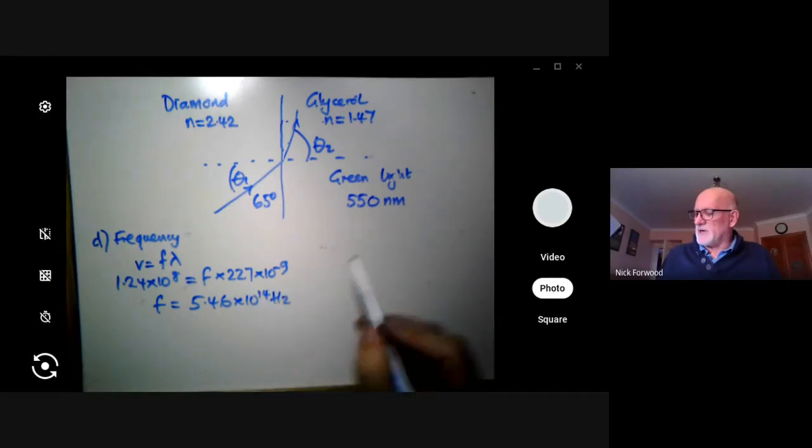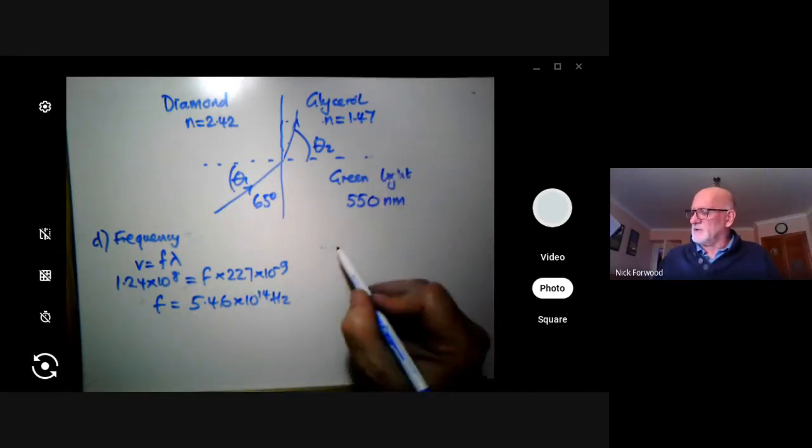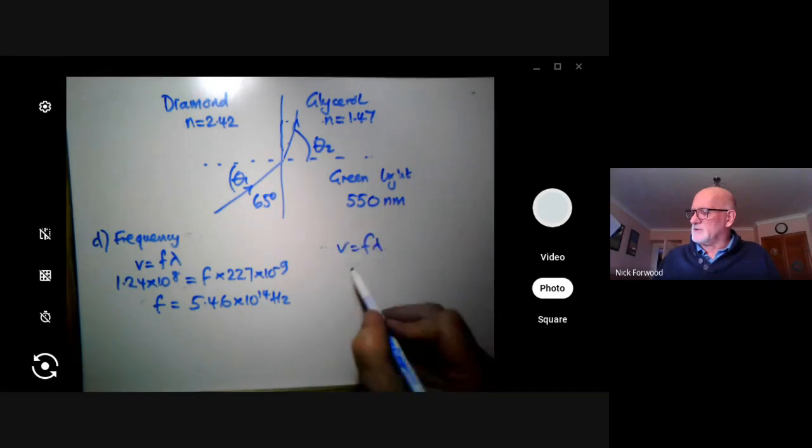If we do that for glycerol, we're going to do exactly the same. V equals F lambda.